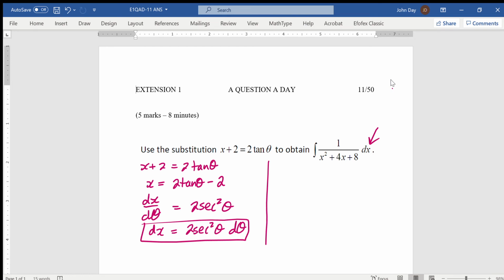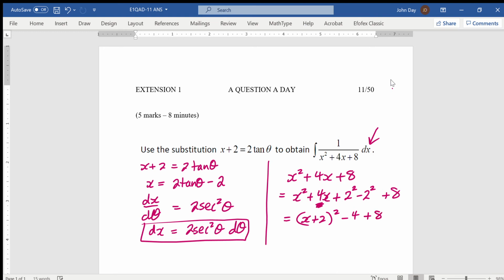So x squared plus 4x plus 8 is equal to x squared plus 4x plus... Now, half of the coefficient of the x is 2, squared is 4, right? So I'm going to add on 2 squared and take off the 2 squared. And of course, I've got the plus 8 that I'd left alone. So this is x plus 2 all squared minus 4 plus 8. So it's x plus 2 all squared plus 4.